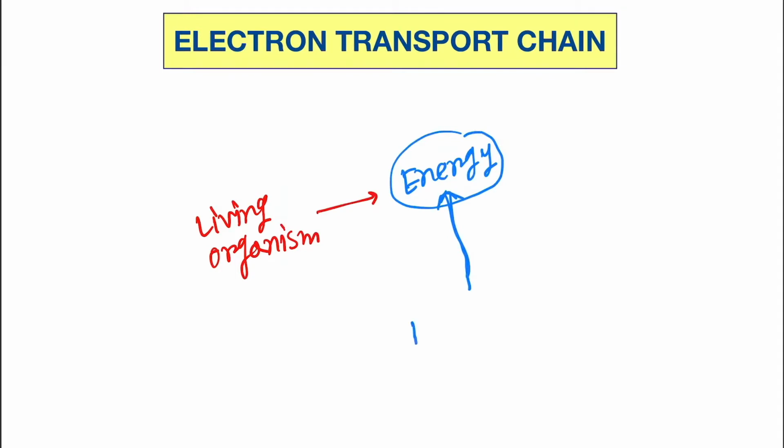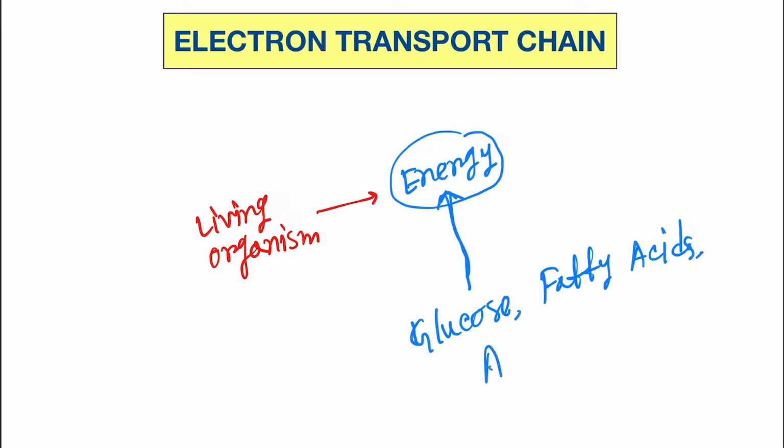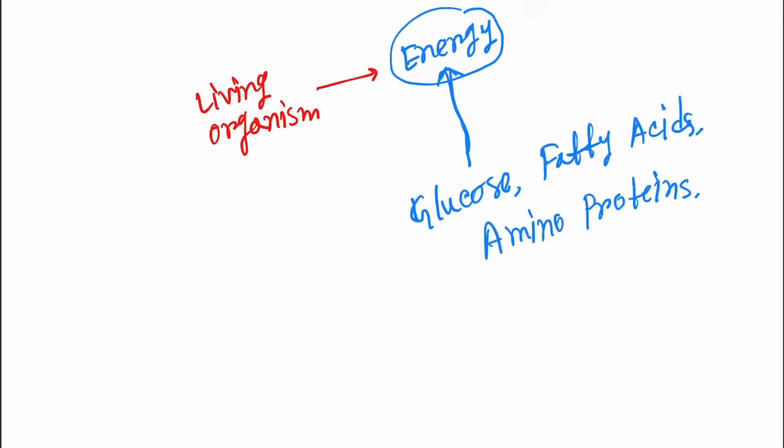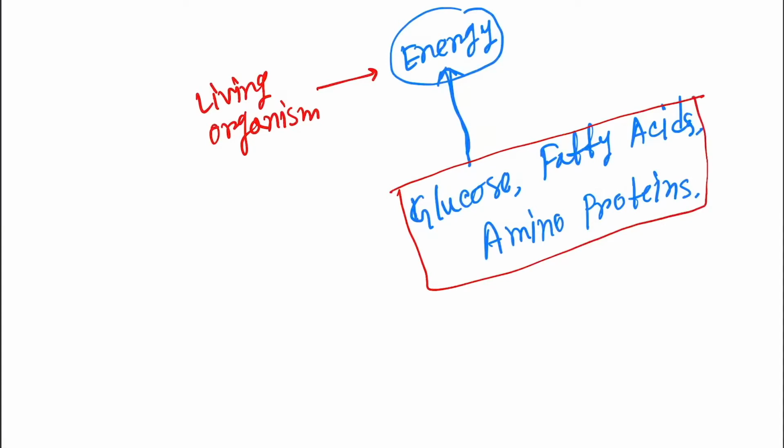Those are glucose, fatty acids, and amino acids, that is proteins. So carbohydrates, fats and proteins, these three things mainly help a living organism to survive on the earth or in the environment. So you can see these three are the fuel, okay.